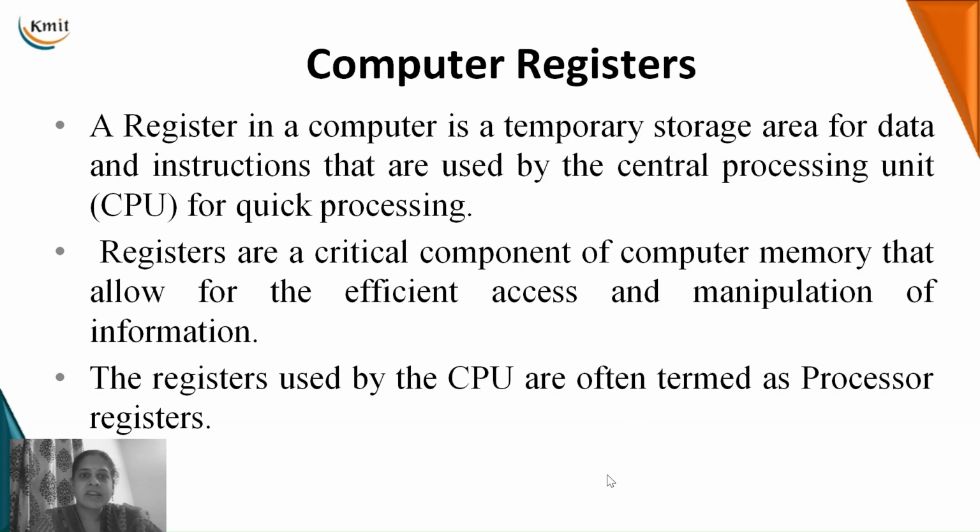Registers are very critical components of a computer memory because they allow efficient access as well as manipulation of information. The registers which are used by the CPU, we call them processor registers or simply registers.